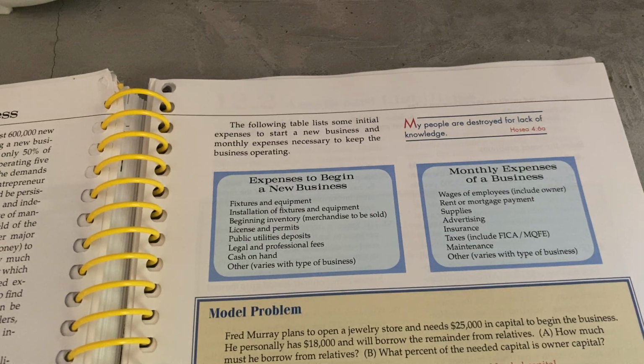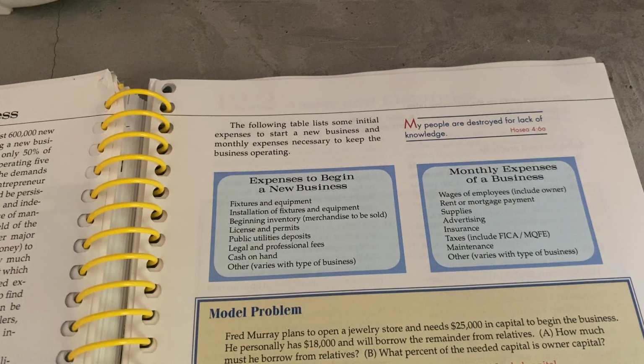Supplies, advertising, insurance, taxes, including FICA and FUTA. So those are taxes that you have to pay. Maintenance and other expenses vary with the type of business and what kind of things you need for your monthly expenses. So you take those into hand, the expenses to begin and then the monthly expenses.